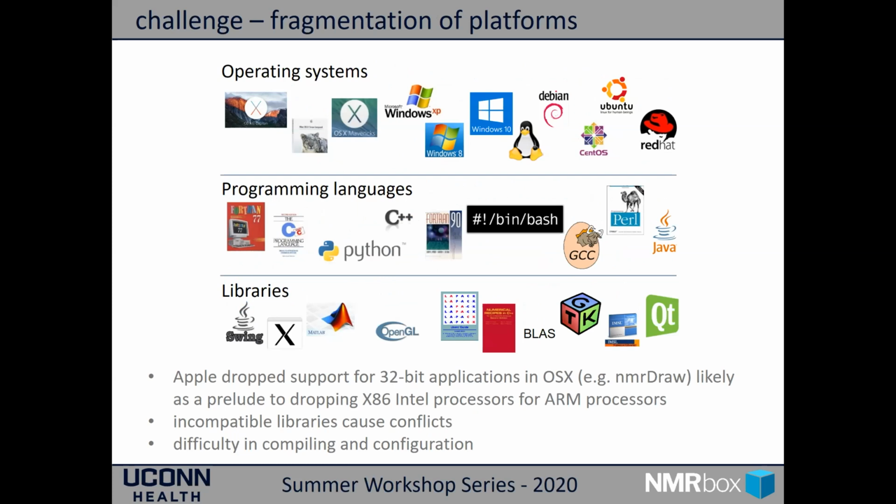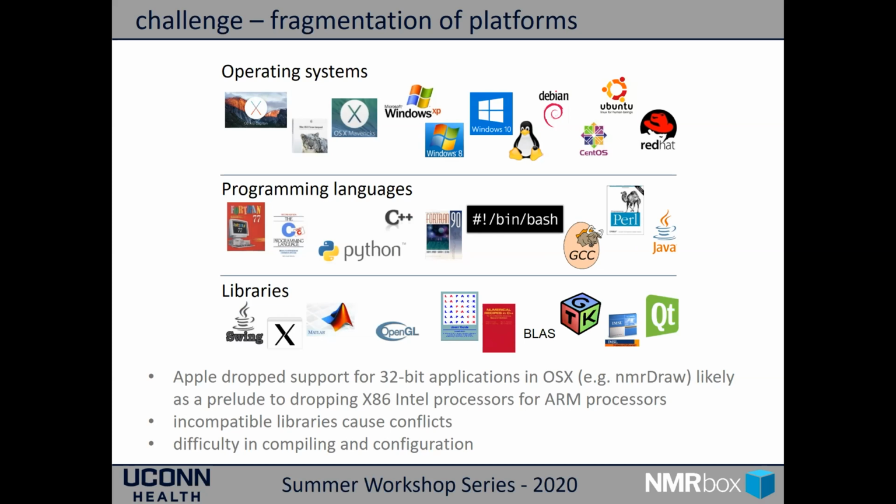There's also a fragmentation of platform. Lots of people use Apple laptops and desktops, and a lot of programs will run on that platform, but not all programs. Windows, very few programs in the NMR world work on Windows. Various Linux distributions, programming languages, various libraries. All these things make it very difficult to install and maintain the wide variety of software needed to do NMR.